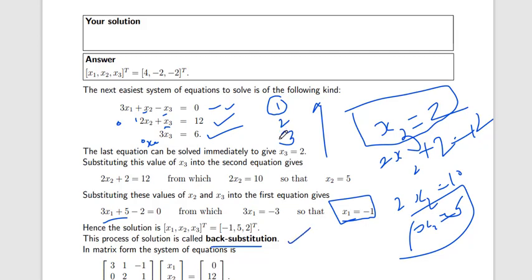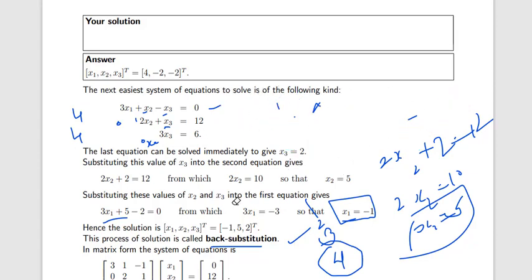But first of all we solve third equation, then this value will be put in second, and we will solve second equation, and then these two values will be put in first equation, and we will solve first equation. So back, 3 to 1, or if there are 4 unknowns or 4 equations, then first we solve the fourth equation, then third, then second, then first. So these types of method is called back substitution.